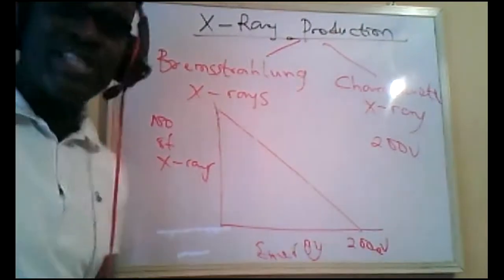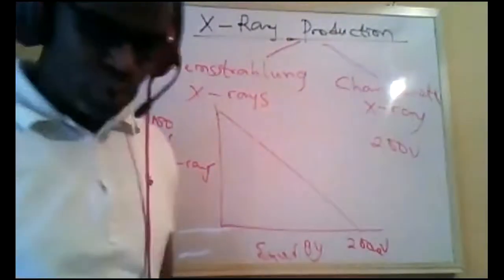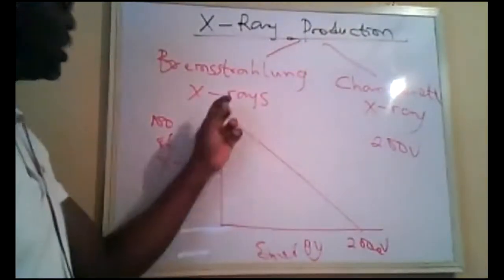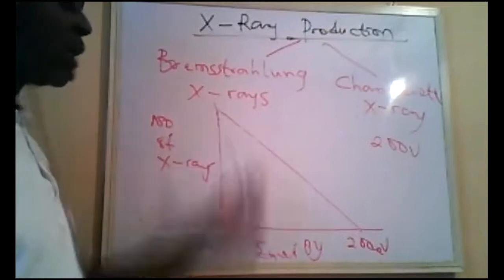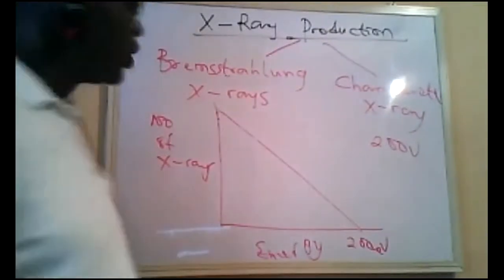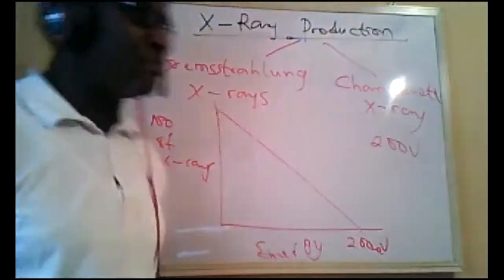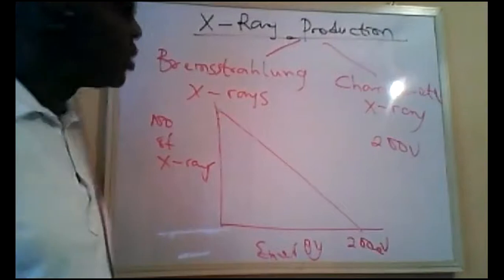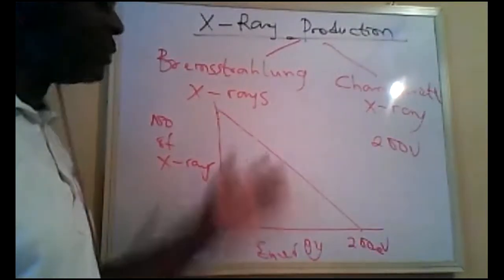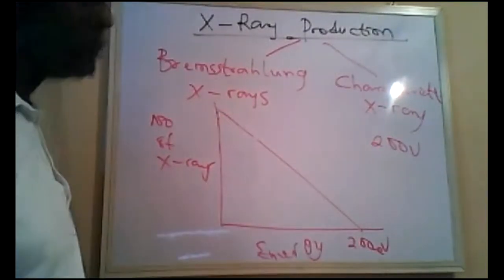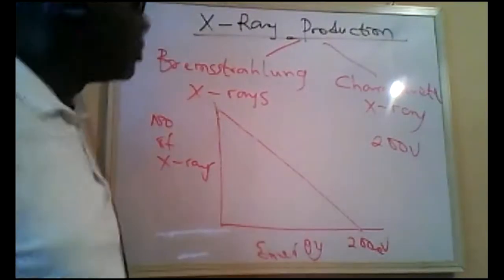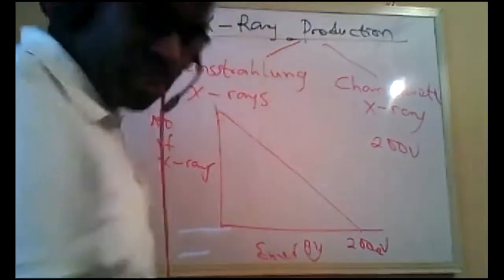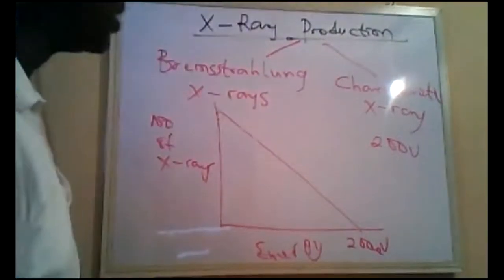So that is why it is usually needed to bring in some filters to remove this very low energy, because it wouldn't constitute a good image. It will only end up causing exposure on the patient. It wouldn't be useful for image analysis or image quality.